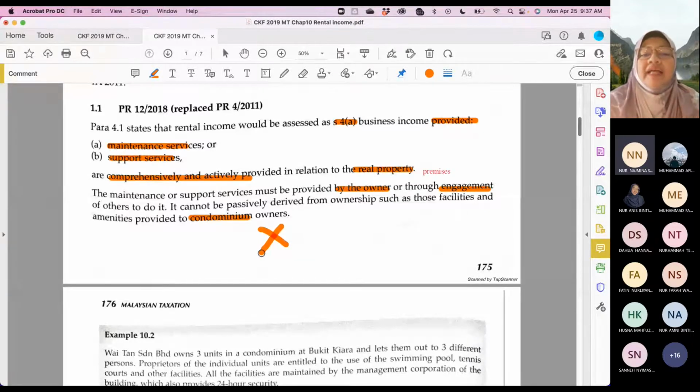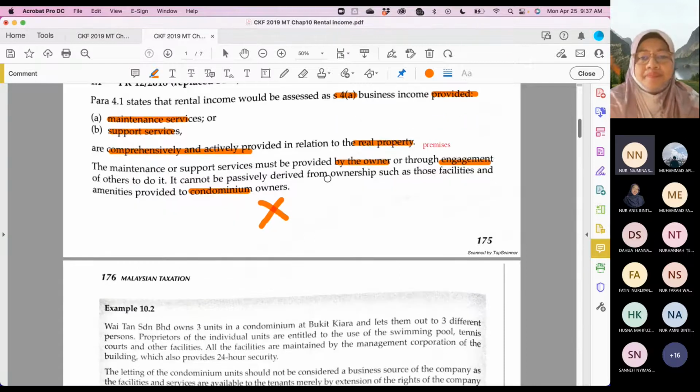You cannot have it under section 4A because the maintenance services are not provided by the owner, but by the management of the condominium. But if you're talking about terrace houses or commercial properties, and you have this maintenance support service comprehensively and actively provided, then it's assessed under section 4A income.